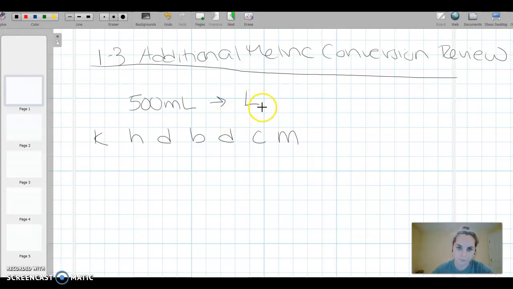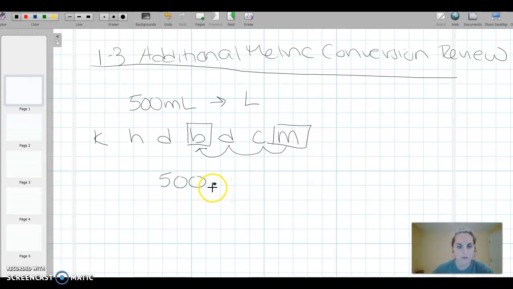Okay, so we are at the milliliter mark, and we are trying to get to our base unit, which is liters. To do that, we need to move to the left. How many spaces? Let's count. 1, 2, 3 to the left. Now we just write out our original number again, and we have to put in the decimal point this time so that we understand our starting point.